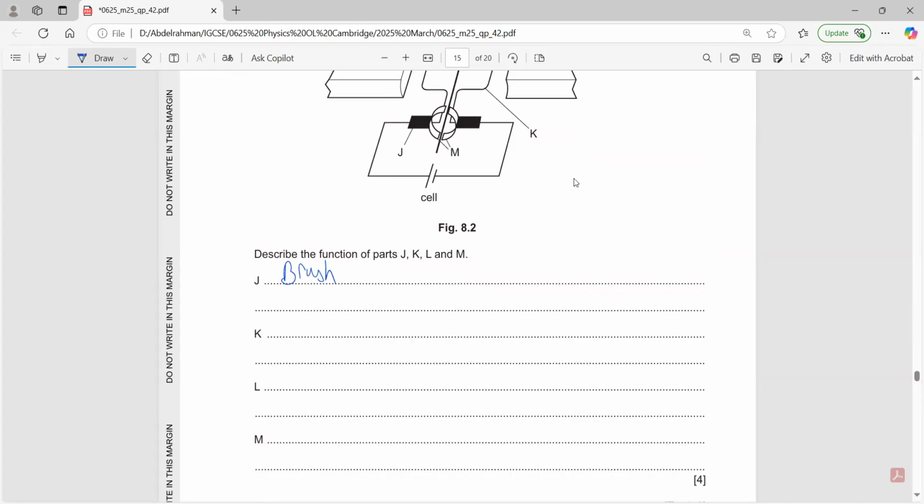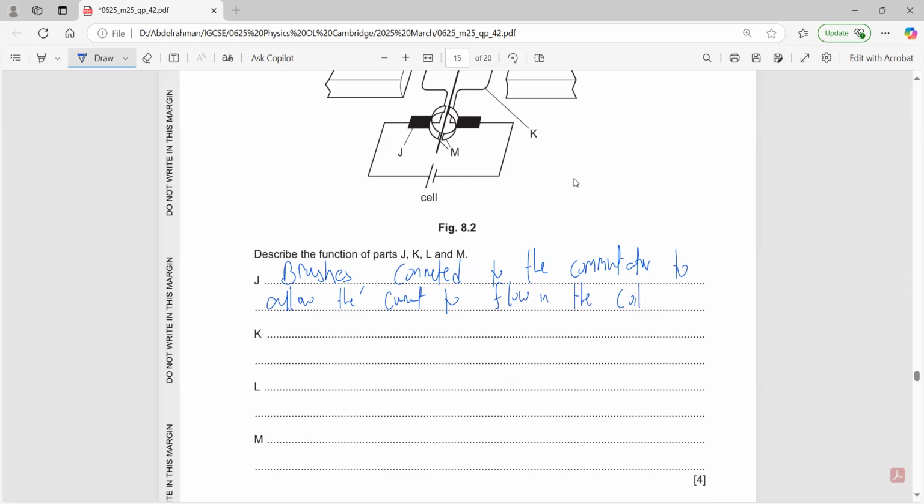What do the brushes do? They are connected to the split ring commutator, which is M. Why? To allow the current to flow in the coil.